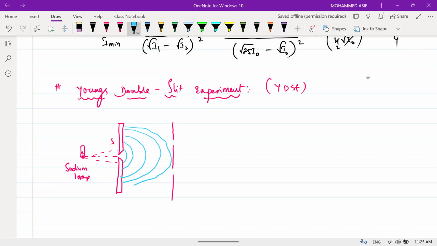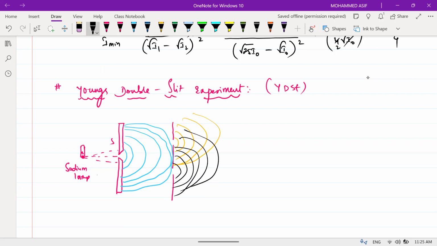It will strike like this. Then from this slit, the waves will be going like this. I'm roughly drawing it. Again, from here they are going like this. They are interfering, you see? So they interfere somewhere on a screen. The screen is being kept here. These are the points where they are meeting.